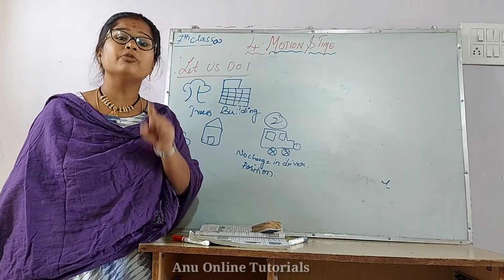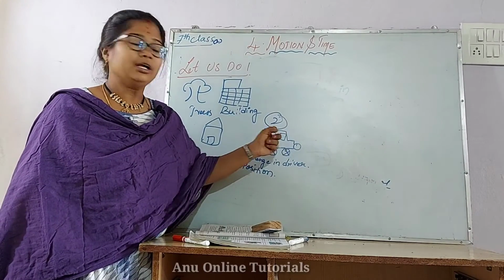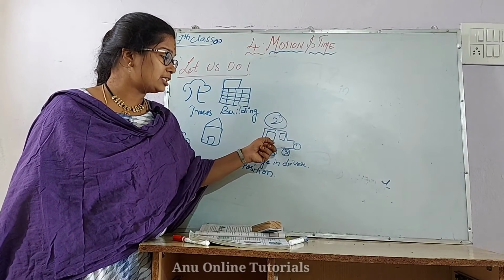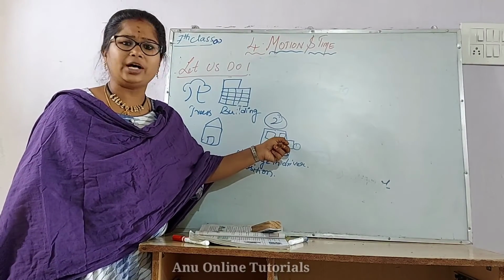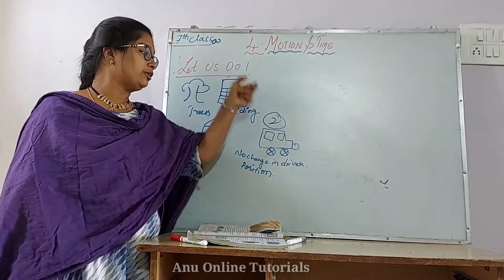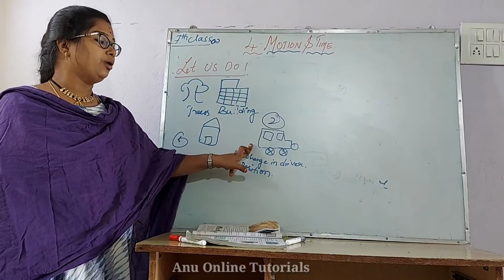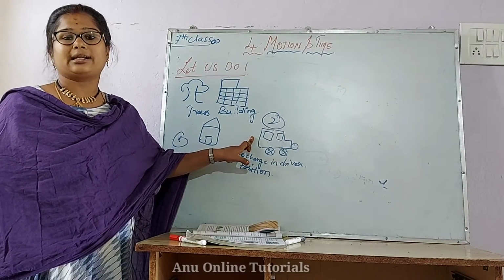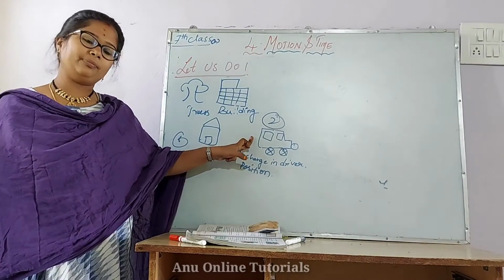But actually, with respect to you, you are at rest. You are at rest and the driver is at rest. Both are at rest. You are not moving, the car is moving. But with respect to the surroundings like buildings and trees, I feel that you are moving with the car as you are changing your position from one place to another place.